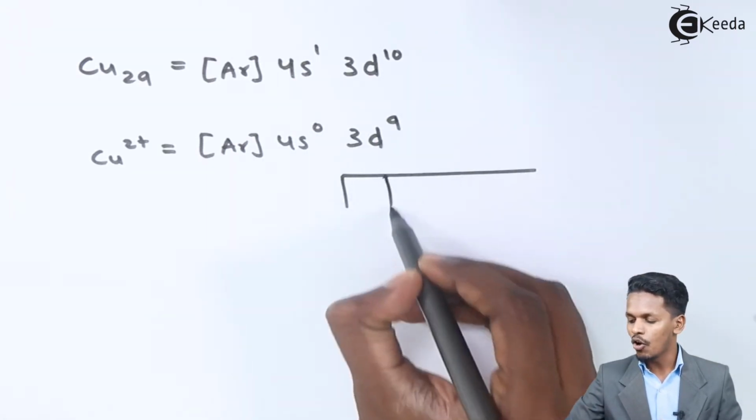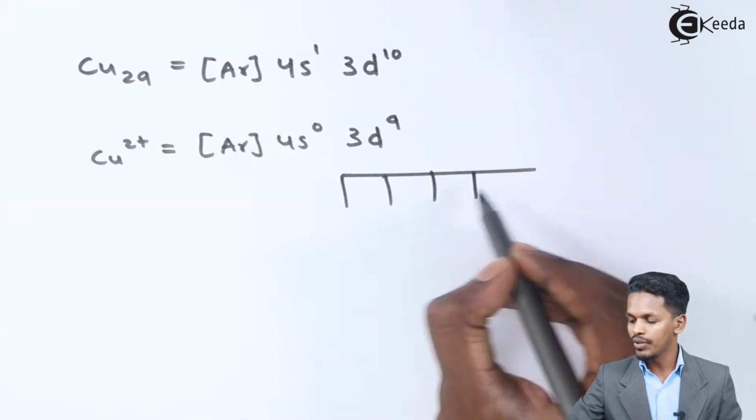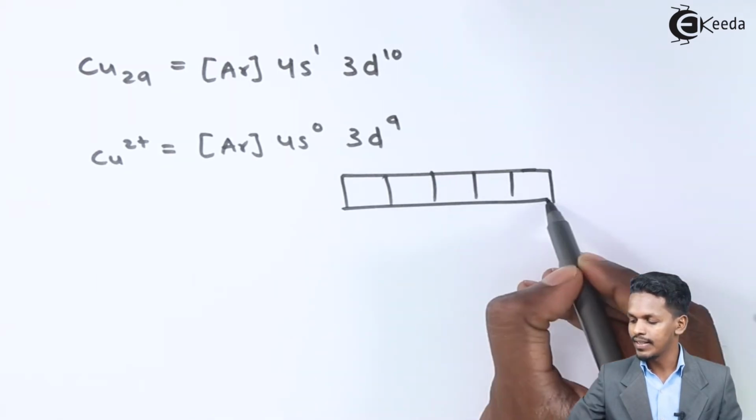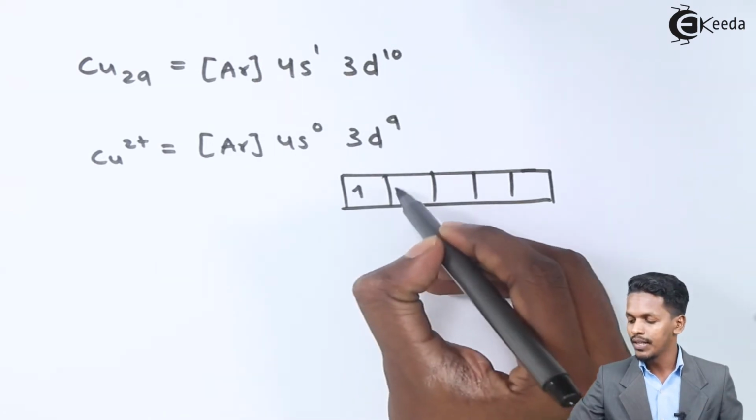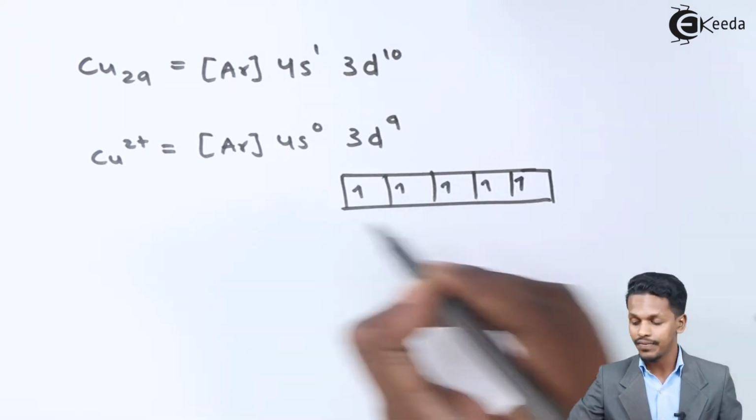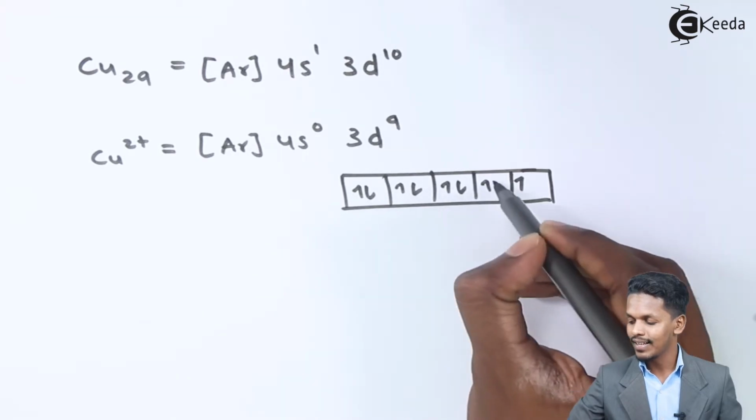If you talk about the orbitals, we get 5 orbitals in the d subshell, and it consists of 9 electrons, so we fill it in this way: 1, 2, 3, 4, 5, 6, 7, 8, 9.